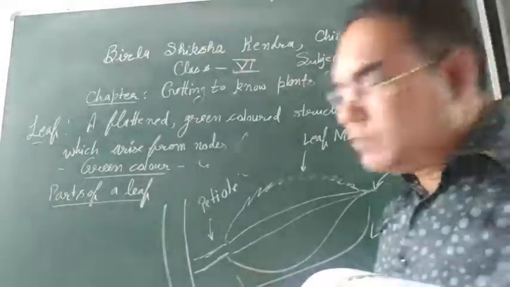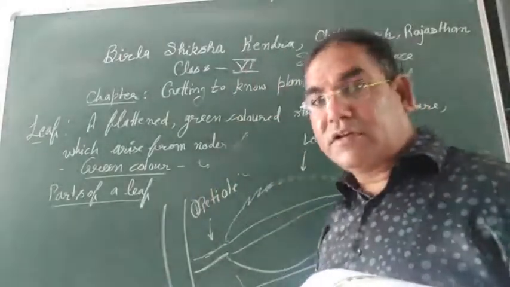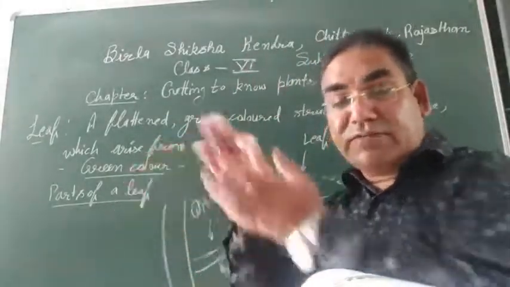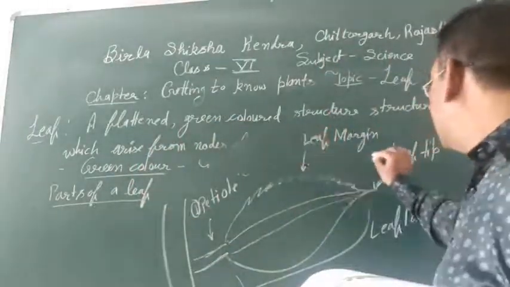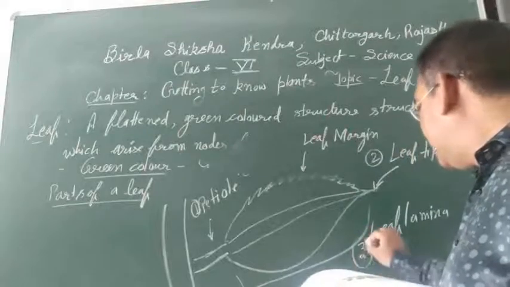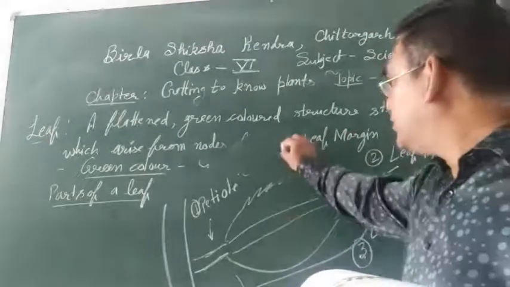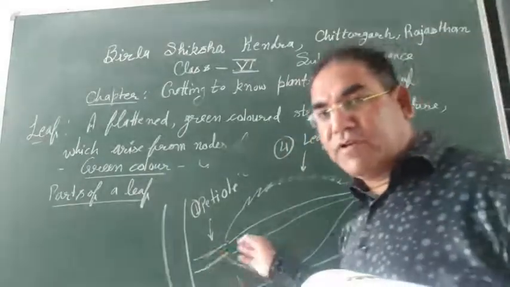So what are the parts? Number one, petiole, the stalk-like structure through which it is attached with the stem. Second, leaf tip. Third, leaf lamina. Fourth, leaf margins.